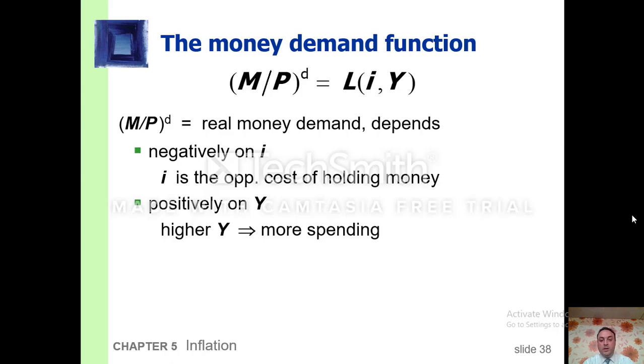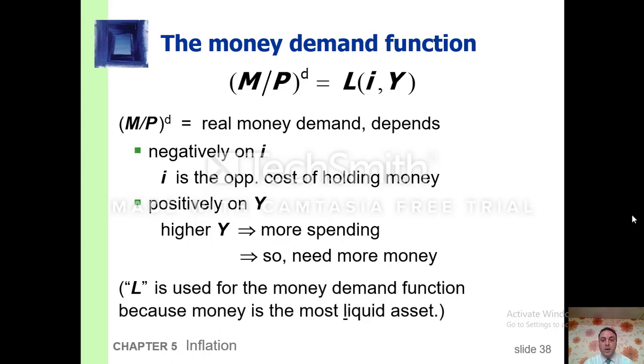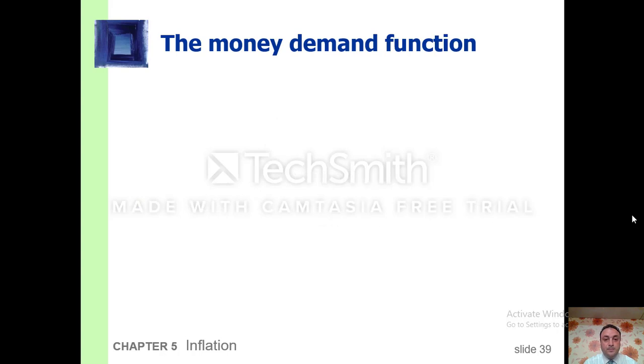The higher your income, the more you're spending, so the more money you need, demand and hold. Why do we use L here for this function? Because L is used for liquid. L for liquid, because it is used for the money demand function, because money is the most liquid asset.